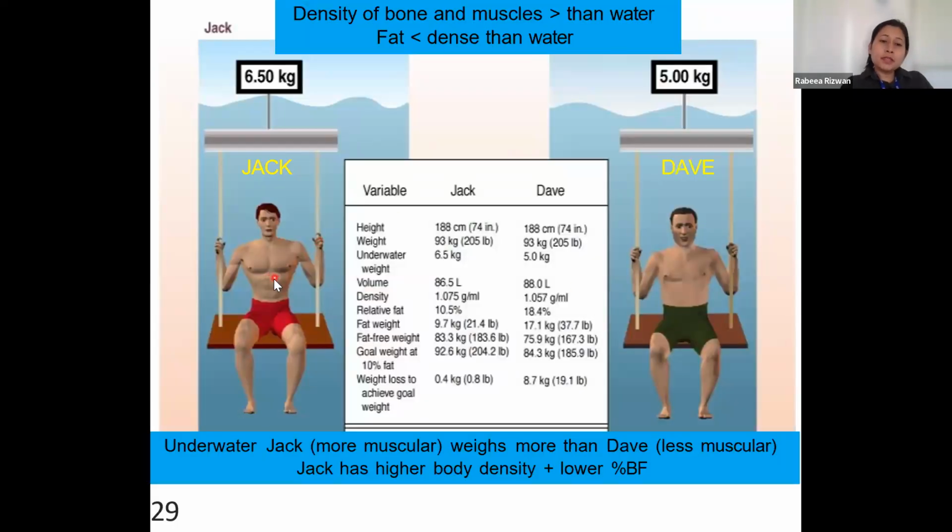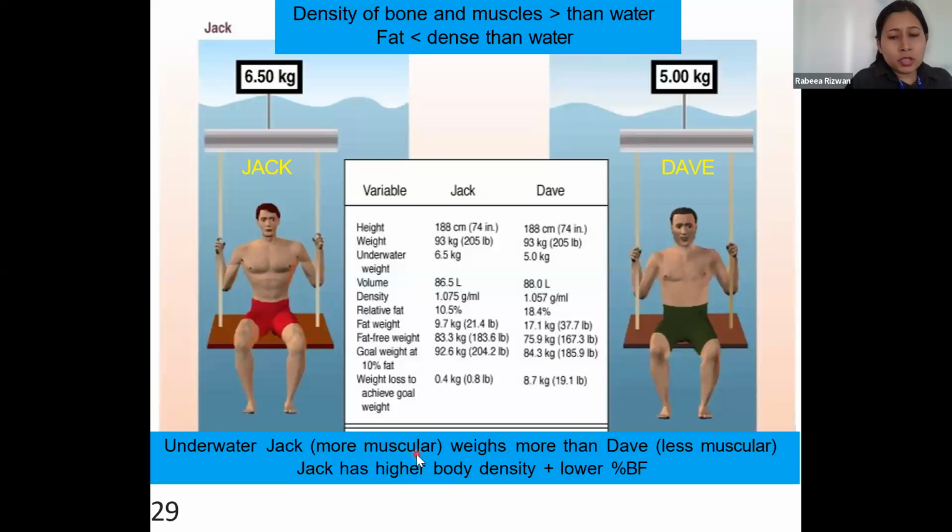Now here is another example. Jack and Dale are brothers, and they were weighed together by submerging in water on a scale. However, Jack's weight was much more than Dale's, but Dale physically looked obese. So why is Jack's weight so high?